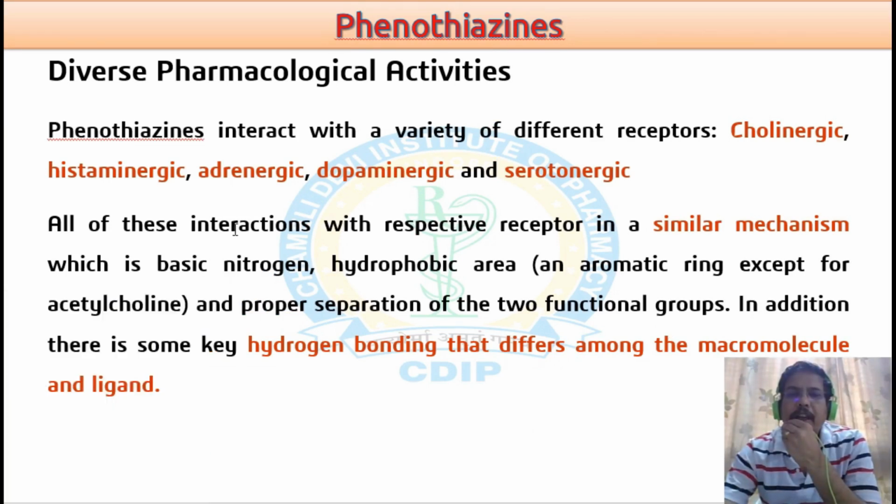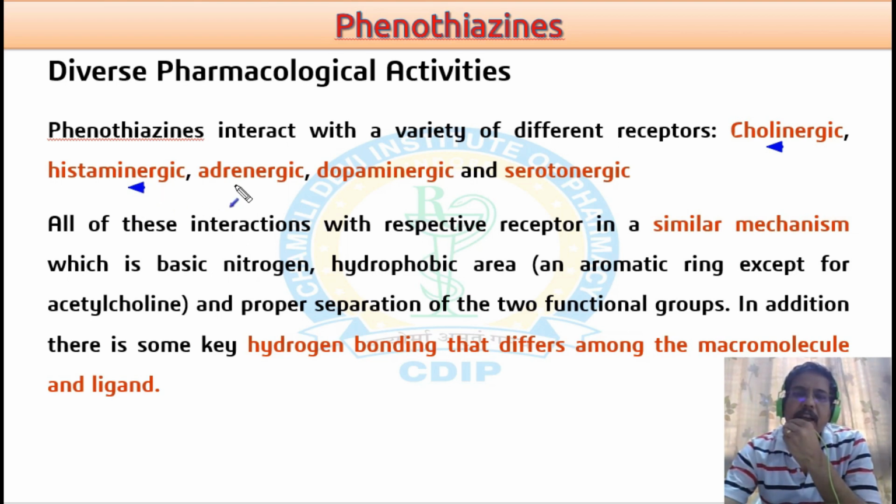In the starting, I already told about the phenothiazine nucleus. It has diverse pharmacological action, like the cholinergic type of activity and histaminergic type of activity towards the histamine receptor.